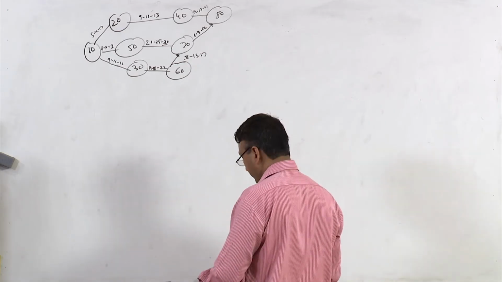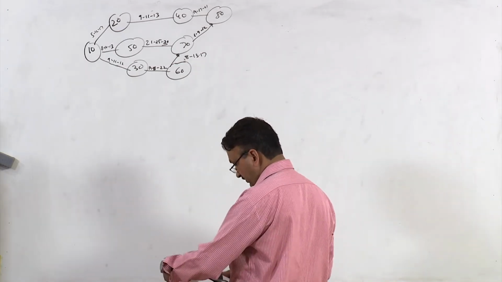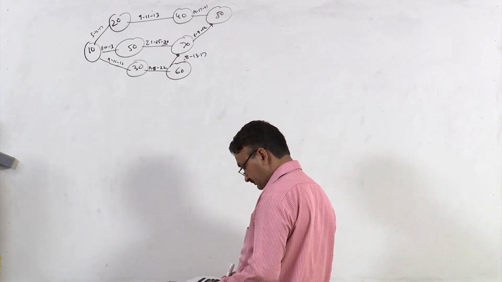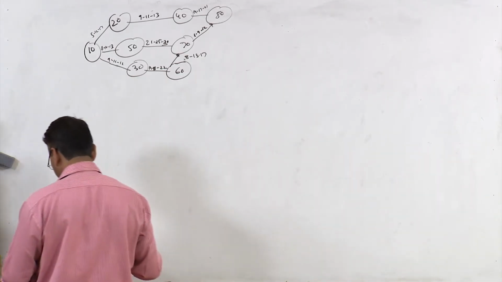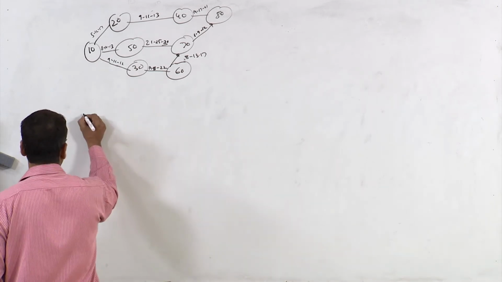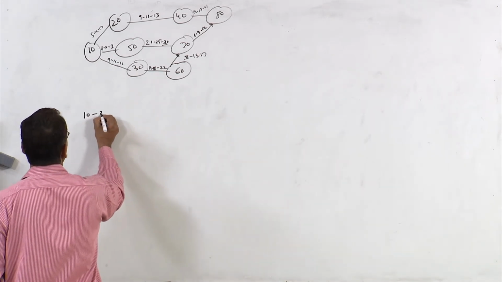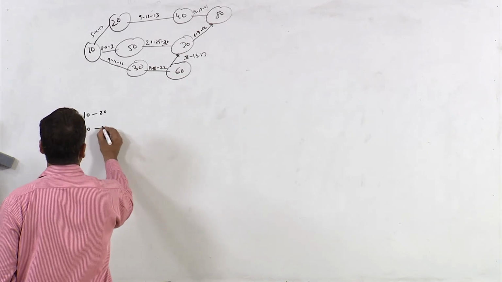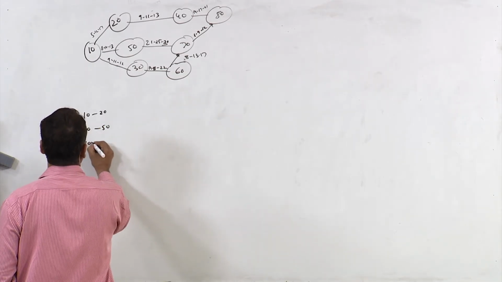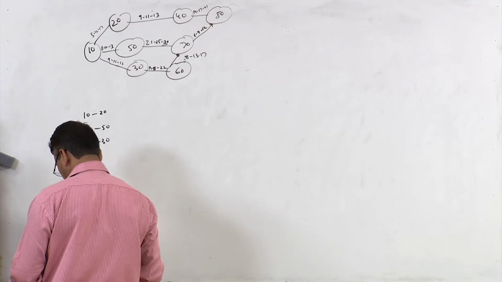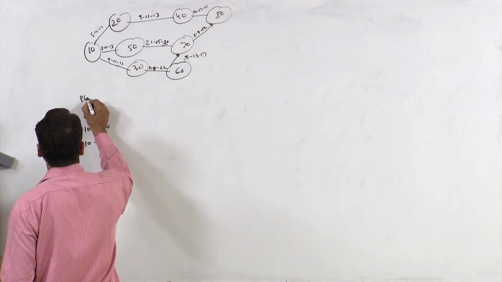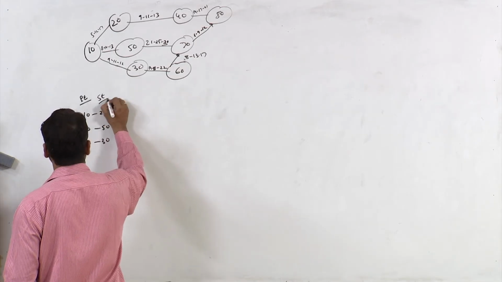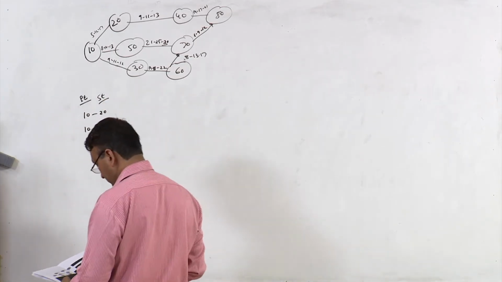Calculate TE values first of all for this particular network, and let me draw this table over here. So 10 to 20, 10 to 50, 10 to 30, then this is your preceding event and this is your successor event, right?